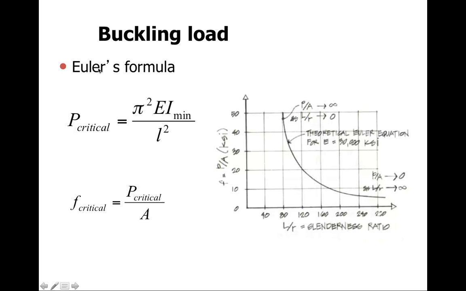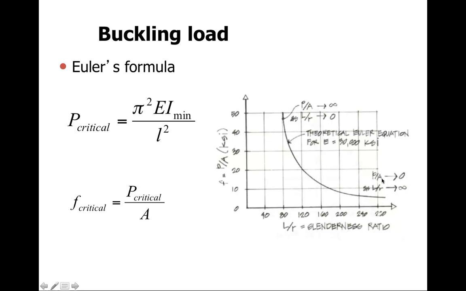So in terms of the buckling load, we have here P critical equals pi squared EI minimum over L squared. This shows some of the examples of how it would be. So here's our slenderness ratio.